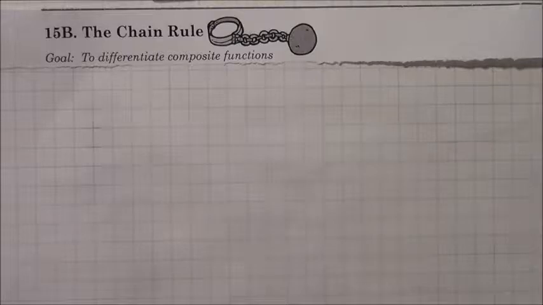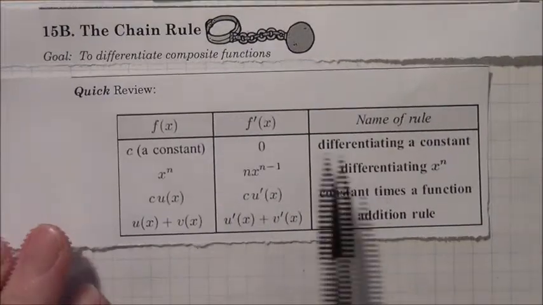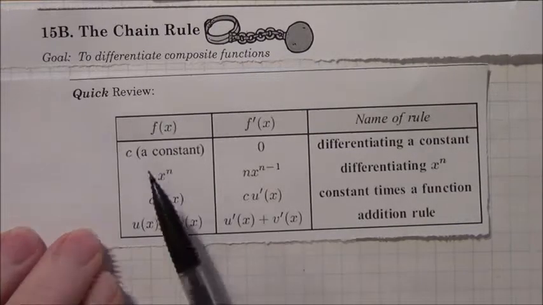So, a quick review of what we did in the past. We've previously seen the power rule of differentiation. We looked first at first principles, and then we did the power rule, the shortcut of differentiating.